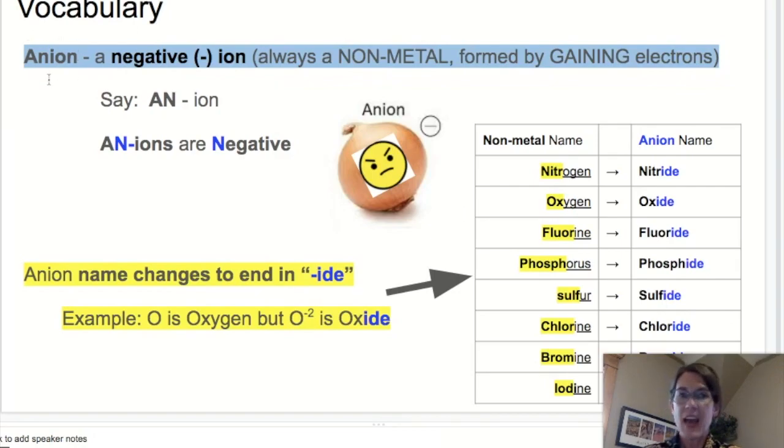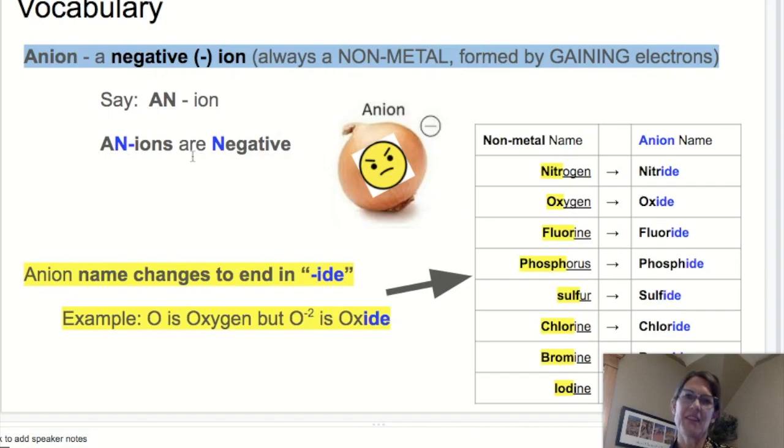You could just say ion, but saying anion is more specific, that it's a negative ion. We say the word like that, anion, very strong anion. It looks like the word onion, and onions, for some people, make you cry. So the word anion looking like the word onion can help us remember that's the negative one.